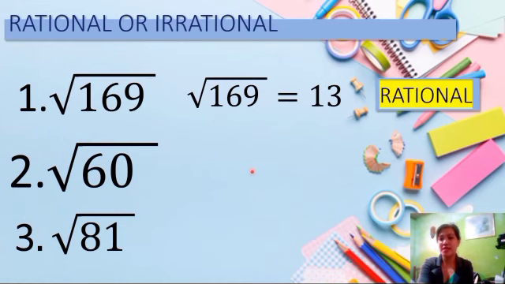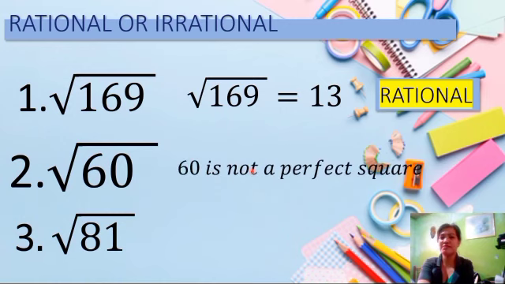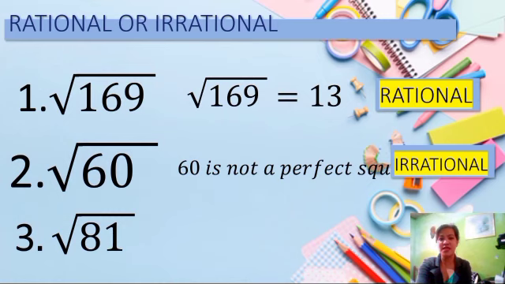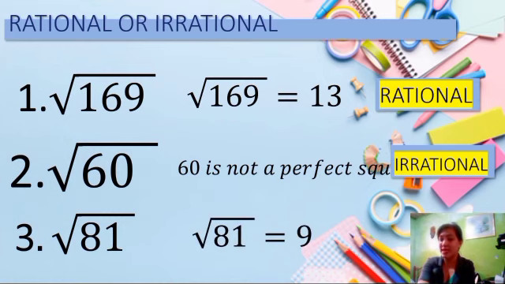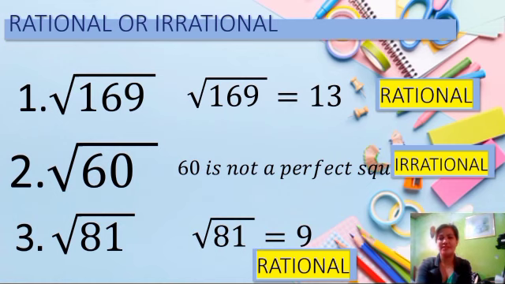So it means this is a rational number. Square root of 60, 60 is not a perfect square, therefore square root of 60 is irrational. While square root of 81 is equivalent to 9, then square root of 81 is rational.